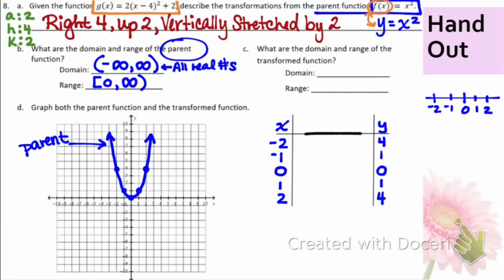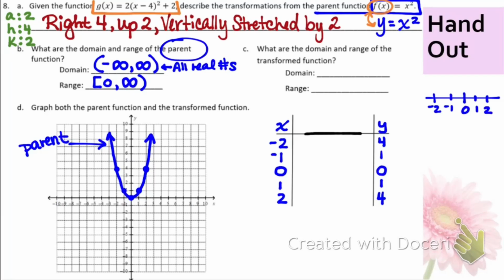Here's how we're going to graph this transformation. We said it in words. Now I have to figure out what to do with that so that I can make it form my graph. Which of these pieces affects my x values? Which way does the x-axis go? Left and right.